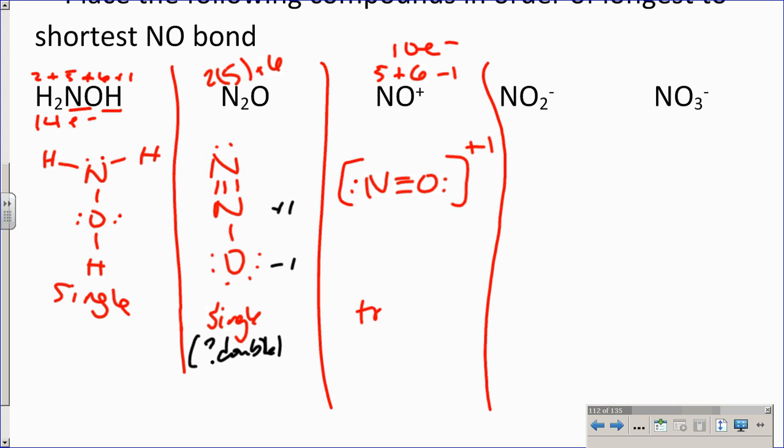So this is definitely a triple bond. No choice about it. It's definitely a triple bond. It's definitely a single bond. Okay, NO2. So 5 plus 6 times 2 plus 1. So 12, 17, 18. Yeah, okay.